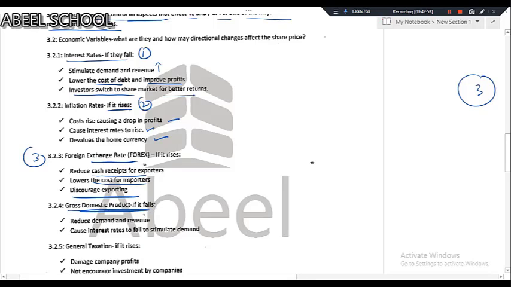Gross domestic product, if it falls, reduces demand and revenue. If GDP is decreasing, then obviously demand and revenue of the business will definitely fall.